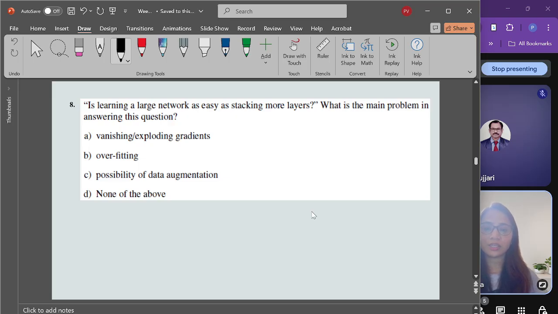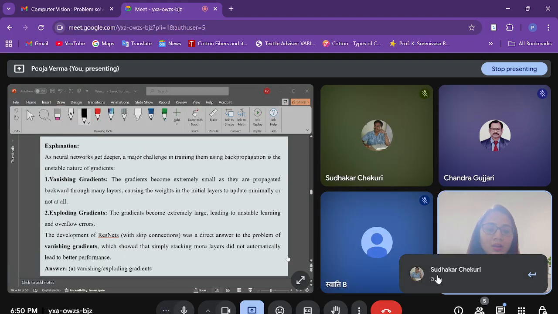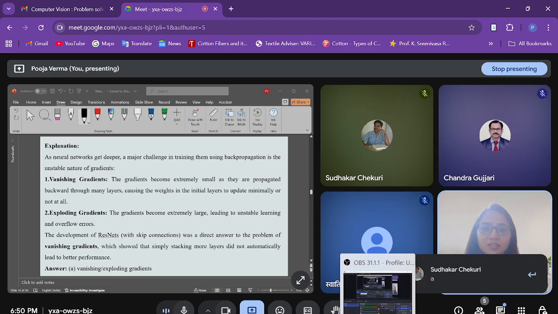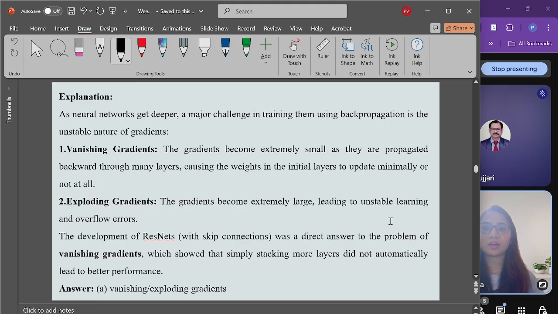Okay, so let's see the solution for this question. The explanation is: as a neural network gets deeper, a major challenge in training it using backpropagation is the unstable nature of the gradient.